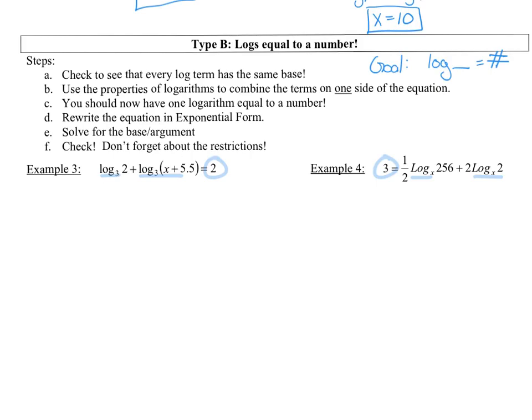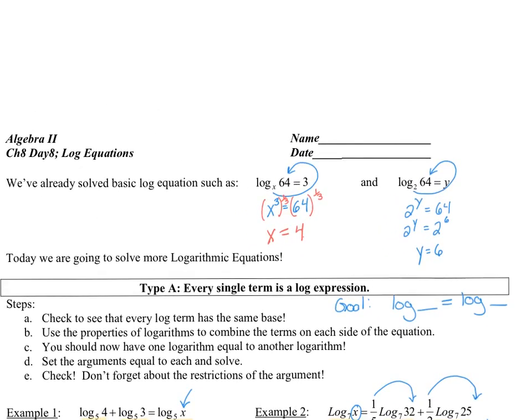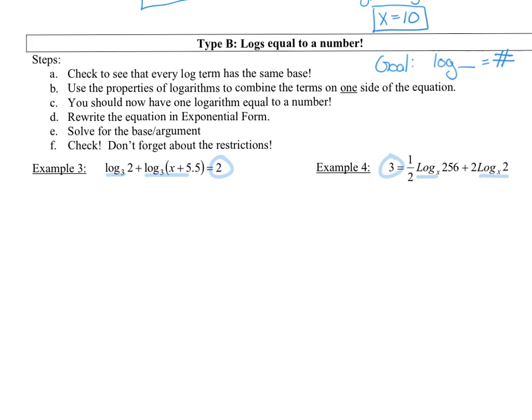What you really want it to look like are these basic problems that we did at the beginning. They have one log equaling a number, one log equaling a number. So that's what you want to try to turn it into. And you are going to, again, use the properties of logs to do that. So looking at example 3, we have log base 3 of 2 plus log base 3 of x plus 5.5.